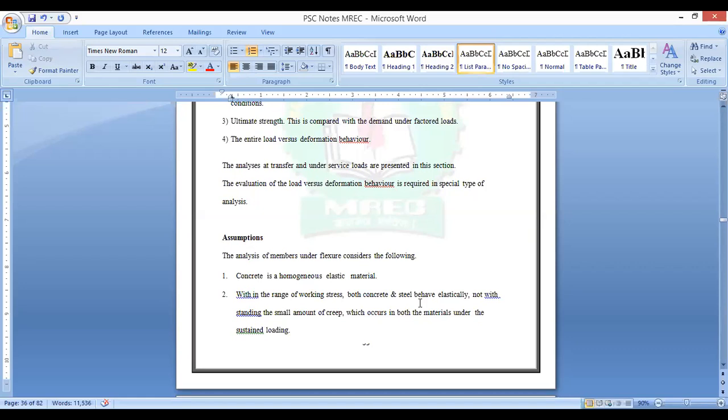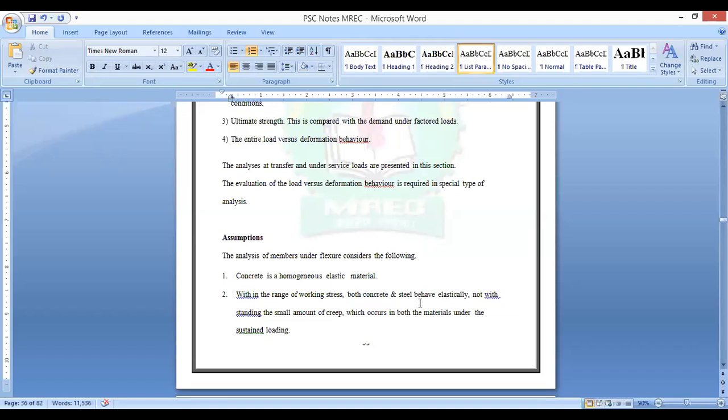The first one is that your member obeys Hooke's law, your stress is directly proportional to strain, the member is homogeneous and isotropic, and the member will remain the same before and after loading. So the cross section of the member won't change before and after loading. Like this, a number of assumptions were made in RCC bending stresses. But here, let's discuss what the assumptions are for designing pre-stressed concrete elements under flexure. So here the assumptions are given like this.